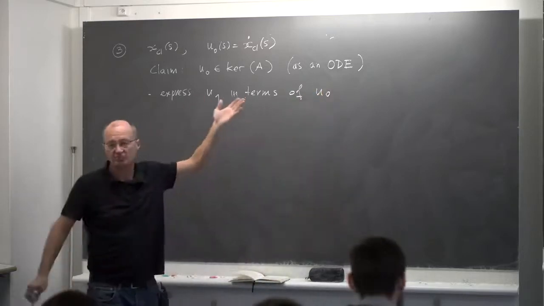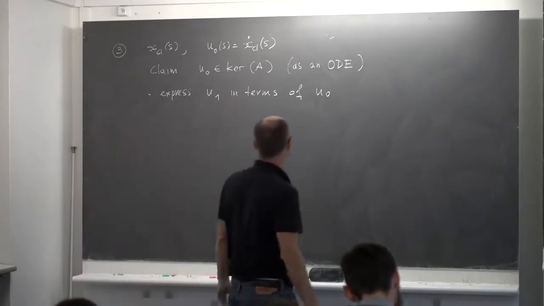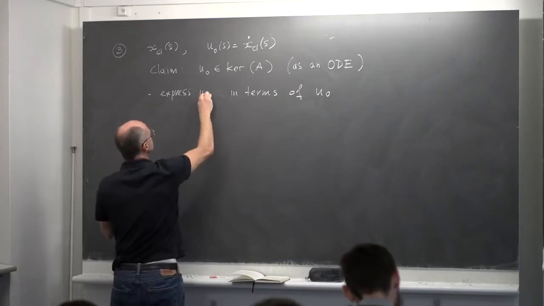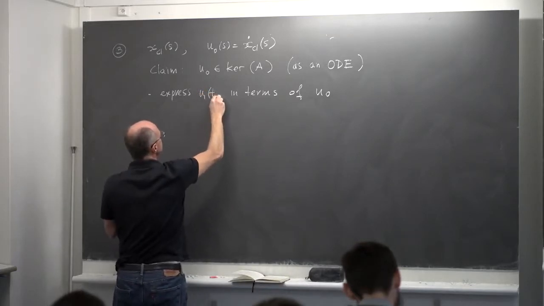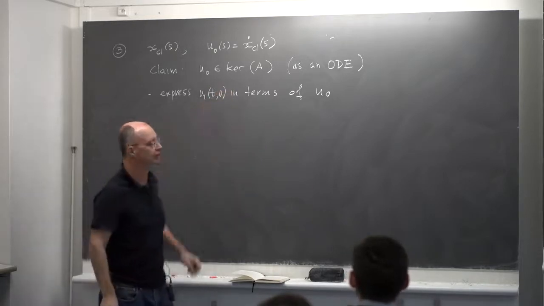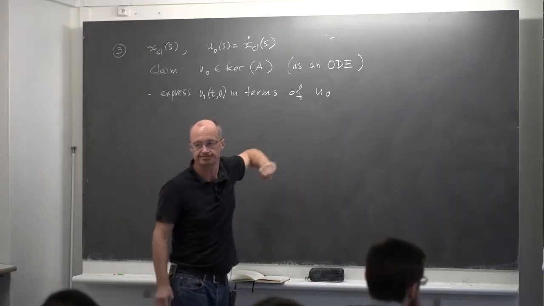Right, so there should be some expression. We know two solutions, they always know each other. So u1, in particular, u1 of t should be expressible in terms of u naught.